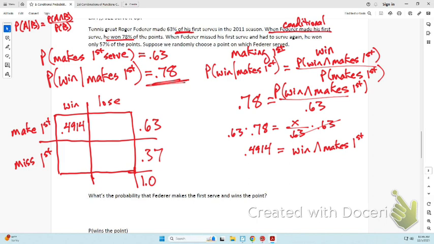We still have more information we haven't even read from the problem. So starting where you see purple, we have another probability. When he misses his first serve, he wins 57% of the time. So let's add that here.